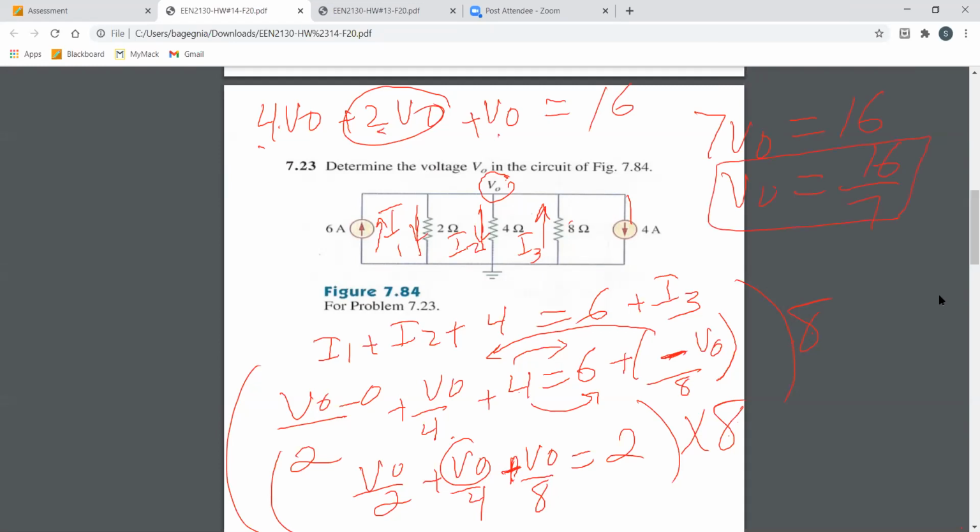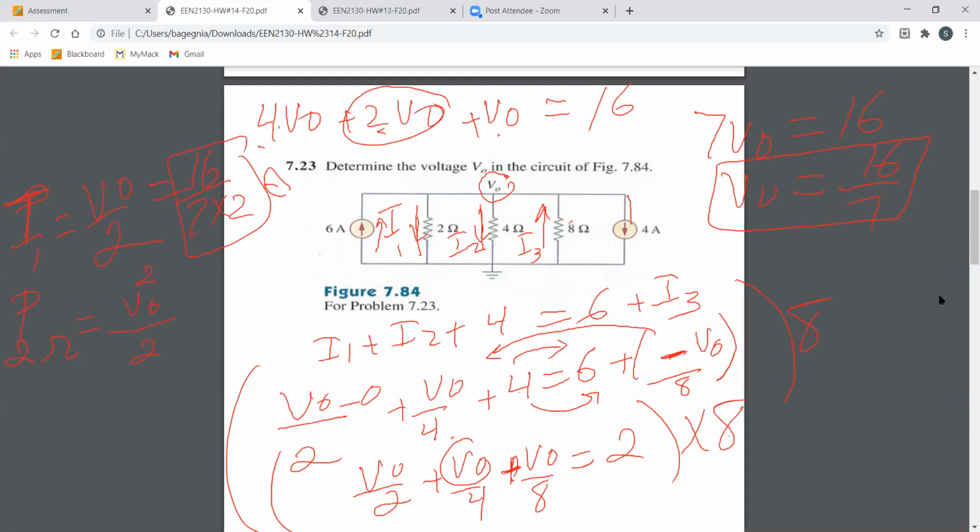So again, if I ask you to find what is the current I1, then you go to the original equation, which is V0 over 2. So whatever V0 is, 16 over 7, divided by 2, this is your current. Okay. If you ask to find what is the power consumed by the 2 ohm resistor, again, you could use V0 square over 2.